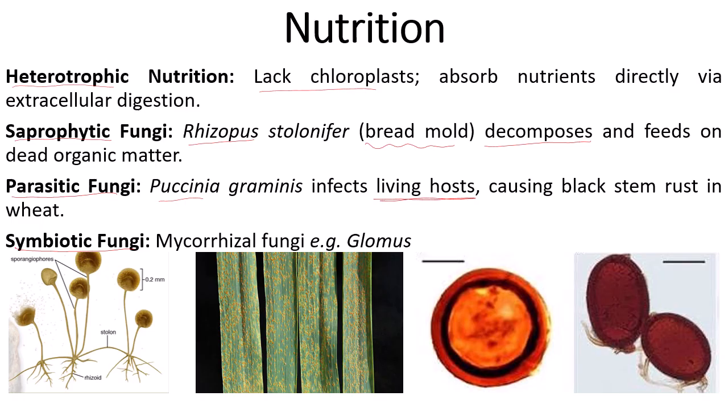And some of them grow symbiotically, for example, mycorrhizal fungi, as well as lichens, where they grow along with alga. Here you can see first is Rhizopus. In the second picture you can see Puccinia, and the third and fourth diagrams are showing the spores of mycorrhizal fungi.